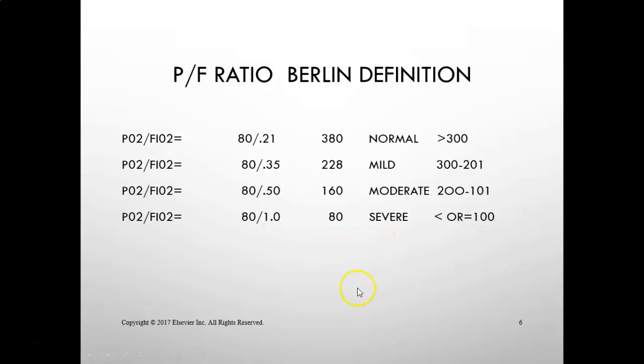But this Berlin definition is very popular because it's very easy to remember. And so we have our 200 to 300 being mild, and 101 to 200 being moderate, and anything less than or equal to 100 is definitely severe. So let's look at this patient. The patient's PaO2 is still 80, okay?